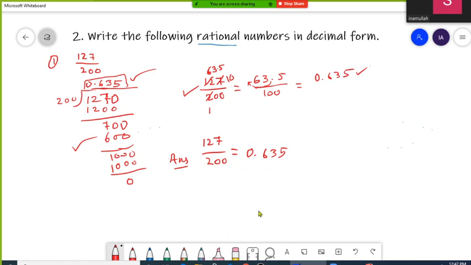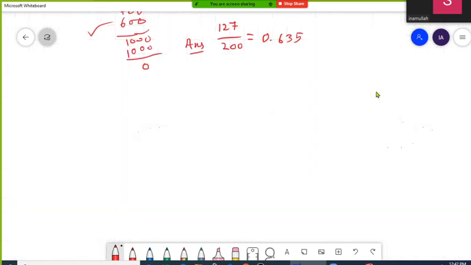To convert fractions into decimals, now we will take one more fraction, which is 25 by 99. This is another fraction. We will convert it into decimal. So we have 25, 0.25.